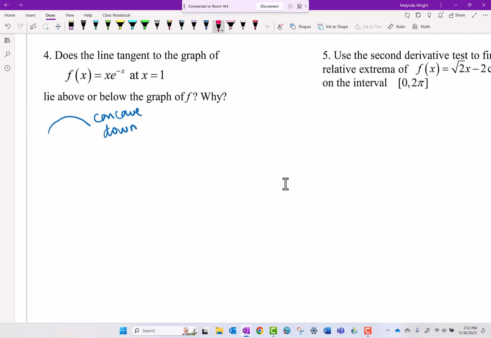My tangent line, if I have a tangent line on this curve, it's going to have to be on top of it, right? There's no way to put it underneath it. So if the curve is concave down, then the tangent line is above.